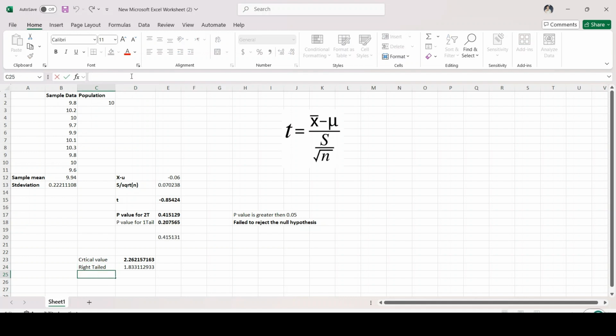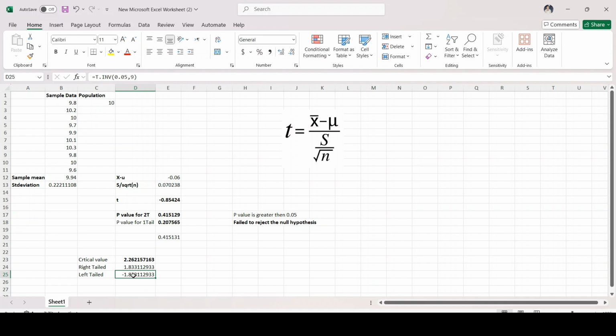Okay, if we are looking for the left tail, we use the same 0.05 and degree of freedom 9. You can see the right tail is positive 1.8, and the left tail is minus 1.8.